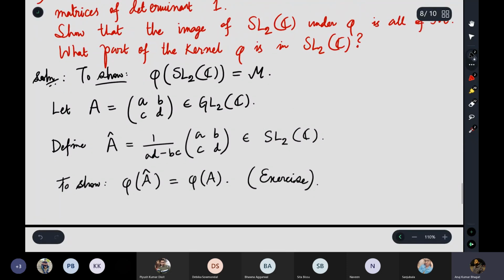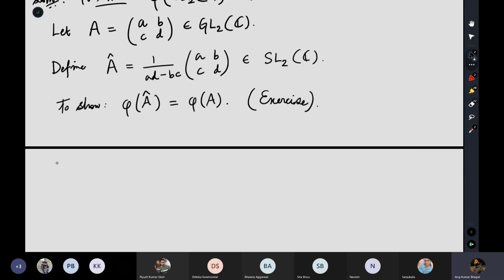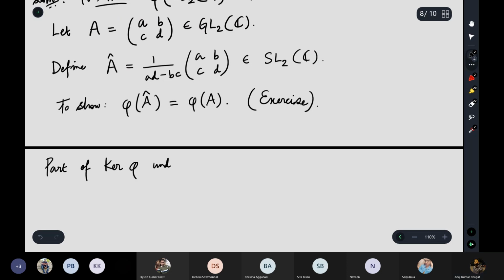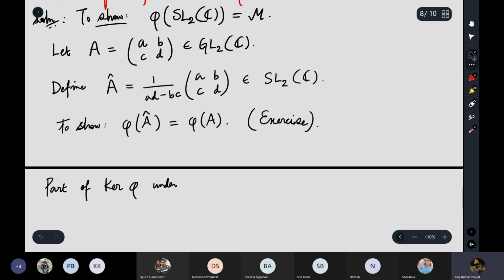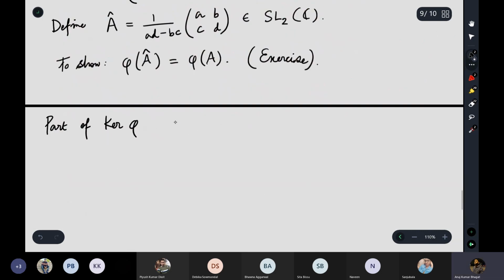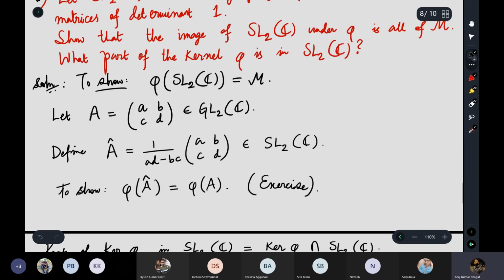For the second part, what part of the kernel phi is in SL2C? The part in SL2C is nothing but kernel phi intersection SL2C. So you have to pick all those matrices in kernel phi whose determinant is 1.